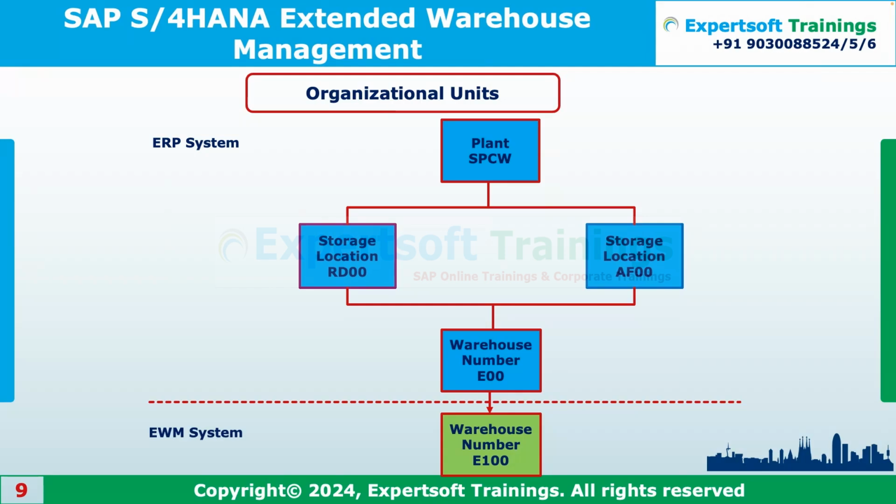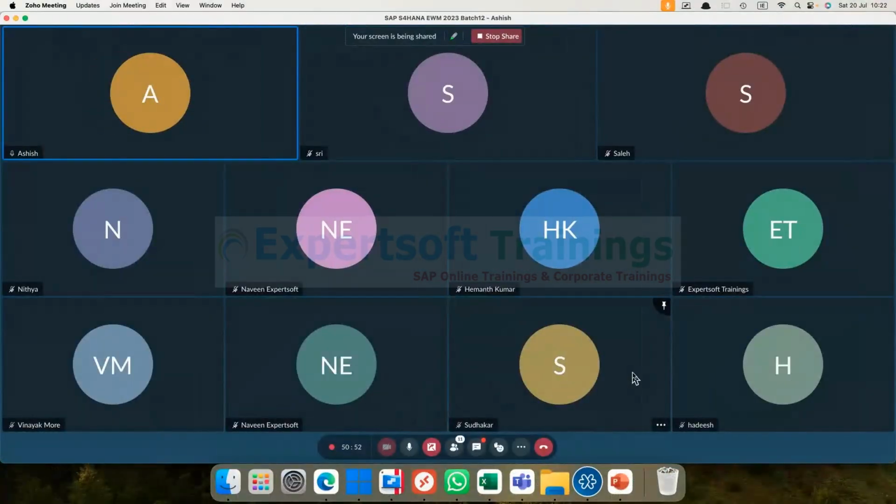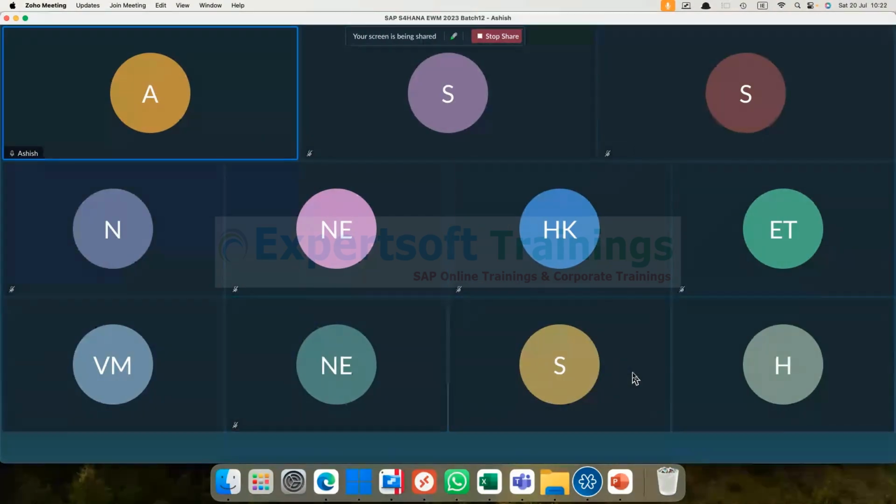Yeah, thank you. Okay. So now, how many of you are from which background? Can you just let me know so that I can understand how many people are from SD or any other module? Just quickly. Myself from MM. Okay, one. Any other?